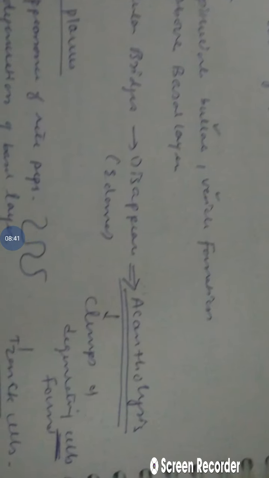Intraepithelially there is bullae and vesicle formation which is just above the basal layer. Now due to this, the intercellular bridges which were present disappear because of the edema. Edema occurs, and due to this the bridges disappear, and due to this acantholysis occurs. Now after this, clumps of degenerative cells are found, and these clumps are called Tzanck cells.